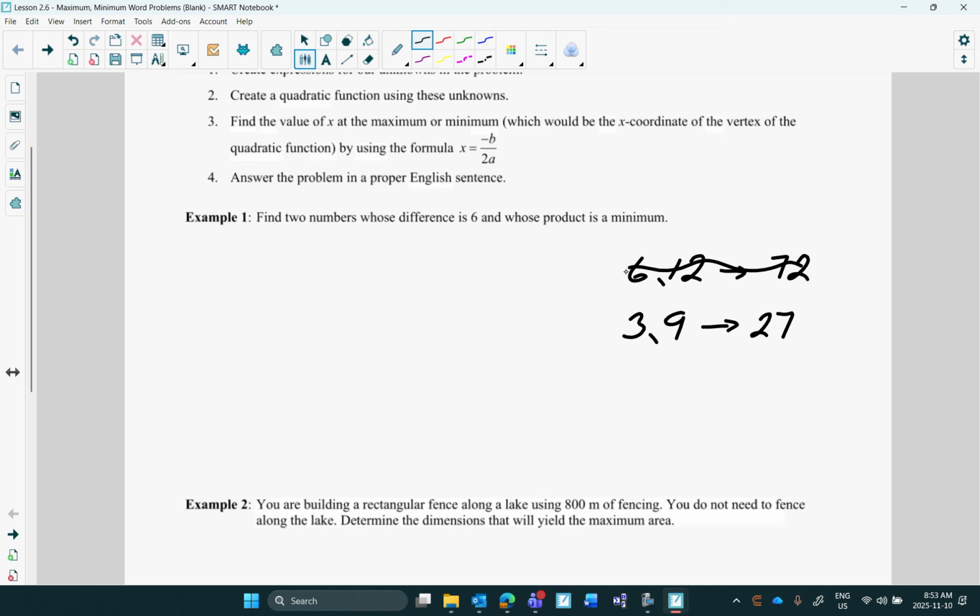Can you go smaller? They have a difference of 6. 1 and 7. Multiply to get 7. Can you go smaller? 0 and 6.